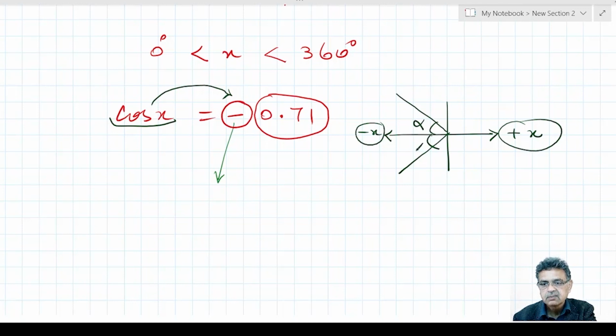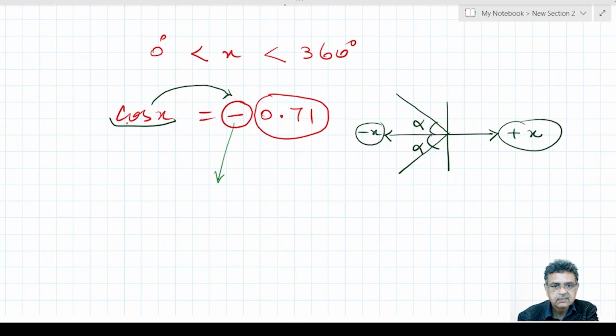This will be the value of alpha. And what is the value of alpha? We will decide from here. So the role of this negative sign is over so far, because this told us that it lies in second or third quadrant.